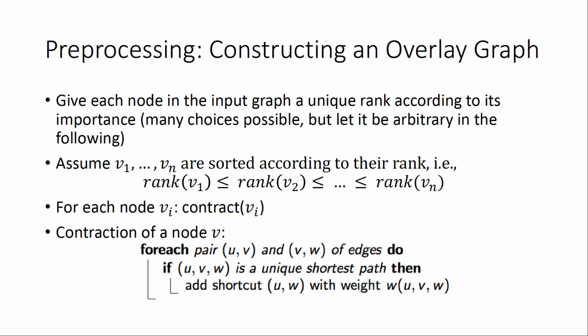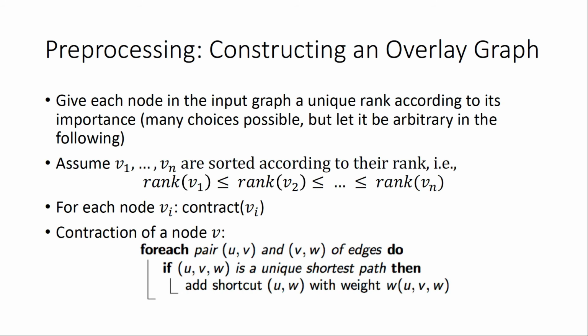Contracting means you basically assume the node wouldn't be there. And then the question for route planning is, if I remove this node and I were just to remove all of these edges, would I lose important shortest paths in my graph by doing that? And just let's look at this example over here. So we think about this node as not being here.